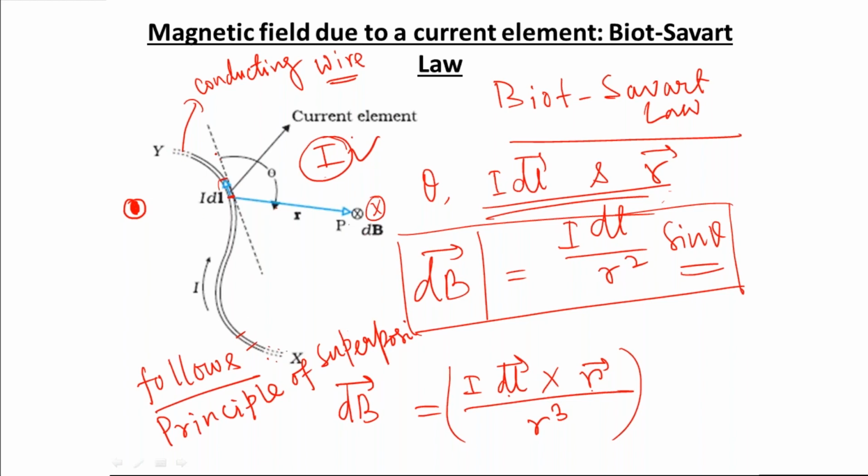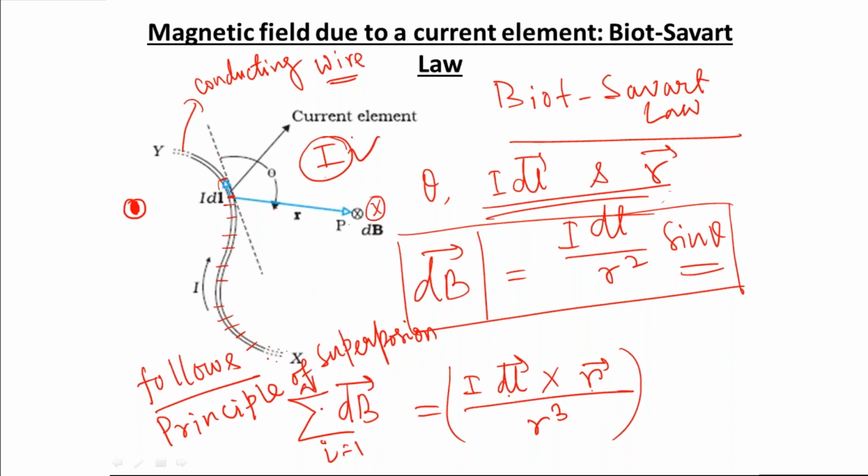So suppose you have an extended wire like this, a long wire, you want to calculate the magnetic field for the whole length at this point, okay, at this point P. So what you can do, you can divide it into small elements and calculate the magnetic field for all the elements, and then you sum them up.